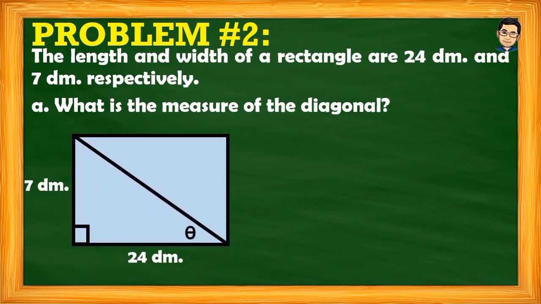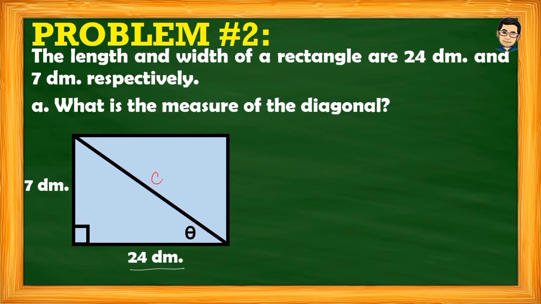Our length is 24 decimeters, how long it is, and the width is how wide it is. So we are asked to find the measure of the diagonal. We'll denote the diagonal as D, or rather C.